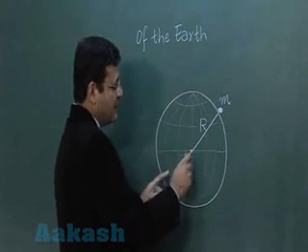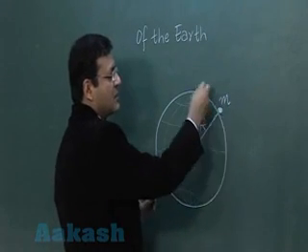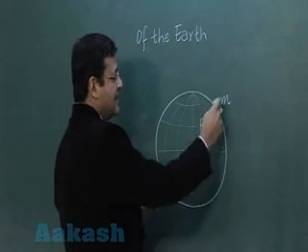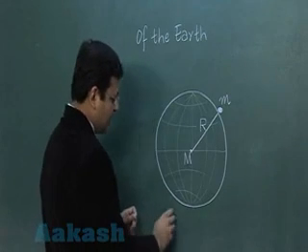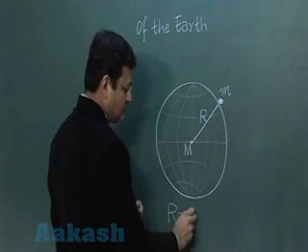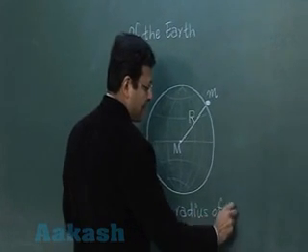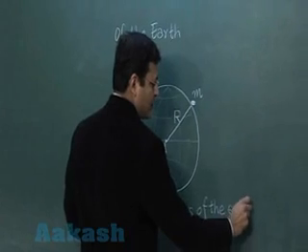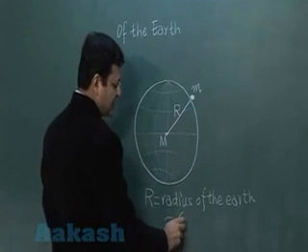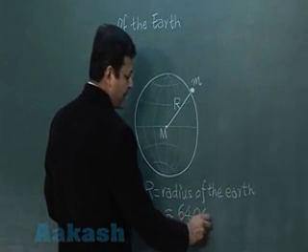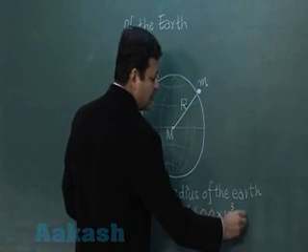So there is a capital M like a point mass kept here, and there is another small m kept on the surface of the Earth as a point mass, and the separation between them is capital R. Capital R is the radius of the Earth. The average value of this is approximately 6400 kilometer, or in terms of meter, this is 6400 into 10 to the power 3 meter.